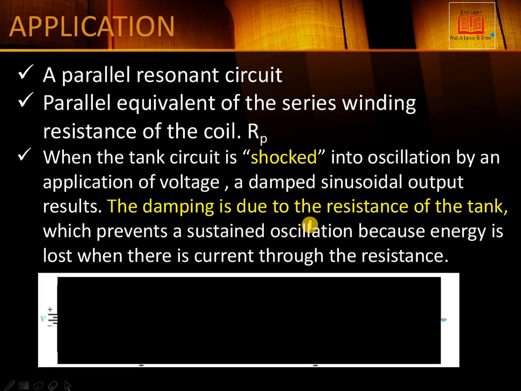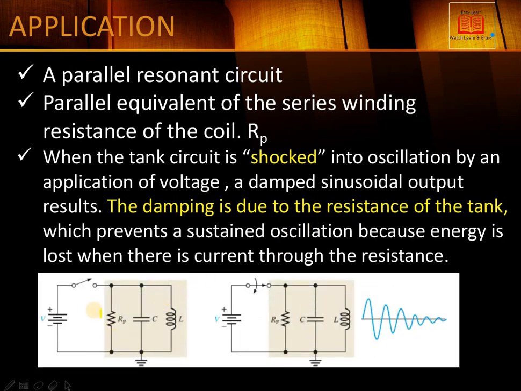A parallel resonant circuit is shown in the diagram, that consists of the RLC: resistance, inductor and capacitor. When the switch is closed, the input sees the parallel equivalent of the series winding resistance of the coil, RP. The tank circuit is shocked into oscillation by the application of the voltage, and the output is a damped sinusoidal output.